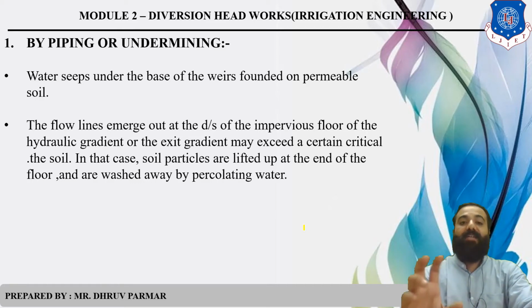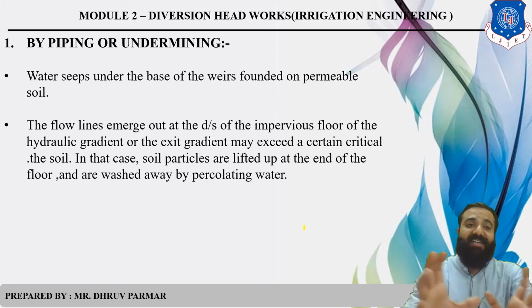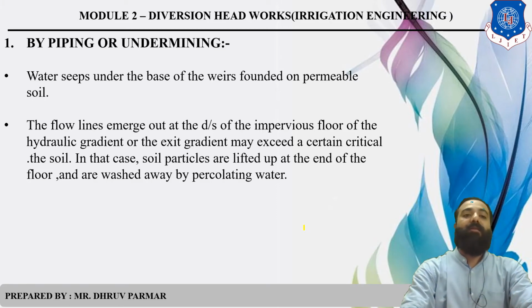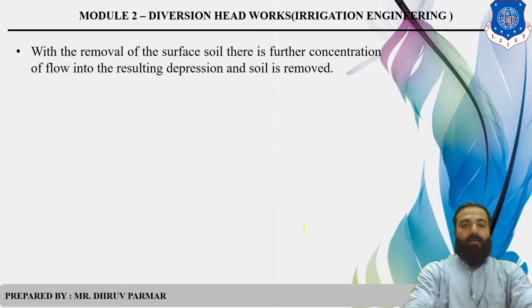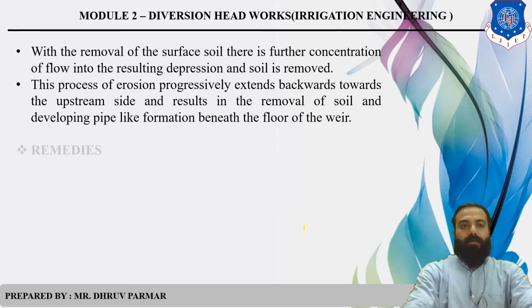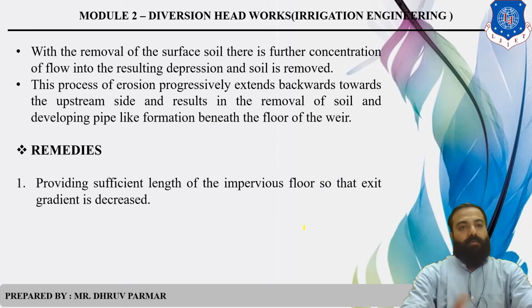In these conditions, soil particles are lifted up at the end of the flow and washed away by percolating water. With the removal of the surface soil, flow further concentrates into the resulting depression and more soil is removed. So what are the remedies?